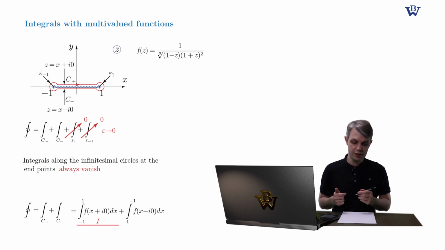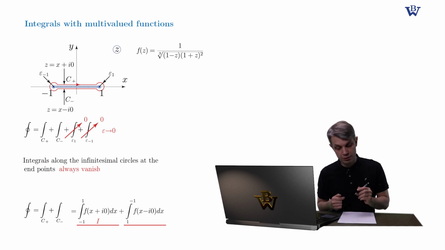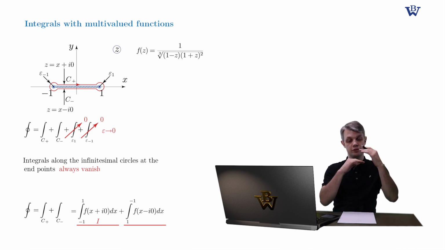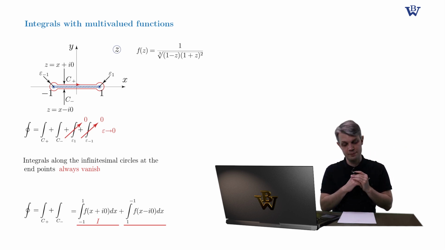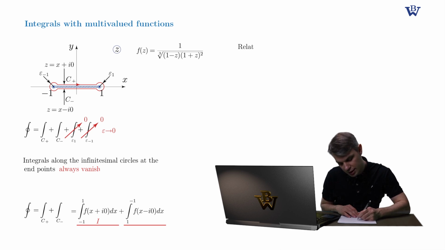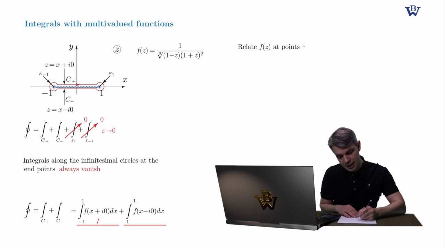So our next goal is to try to express the second integral via the first one. But the only difference between the two integrals is the difference between the values of the function f of z on 2 different but infinitely close banks of our branch cut. So we will relate the values of our function at point x minus I0 to the value of our function at point x plus I0.